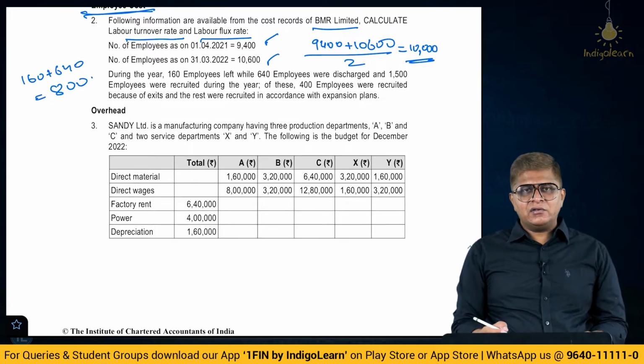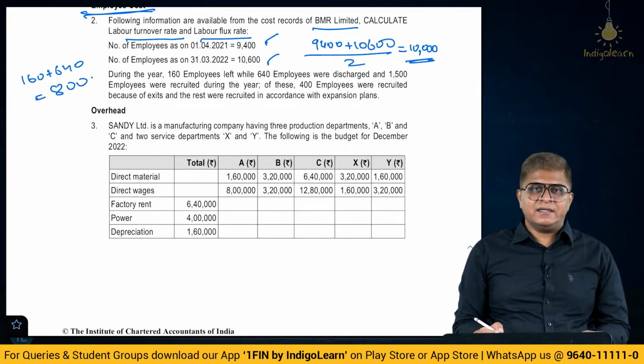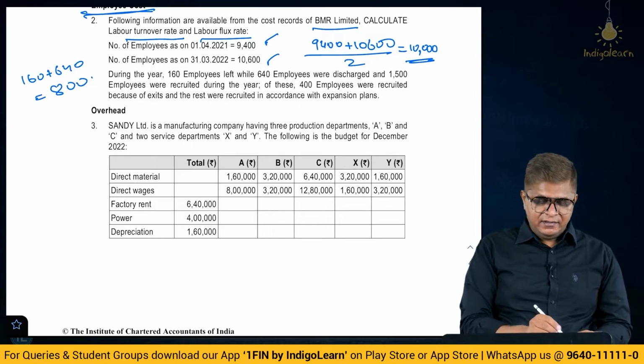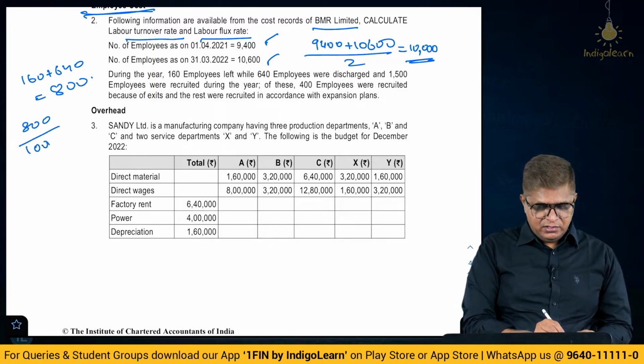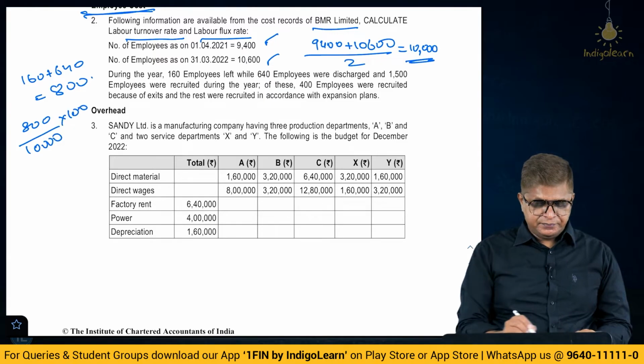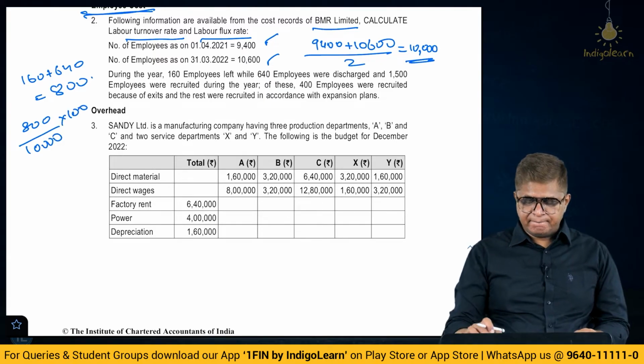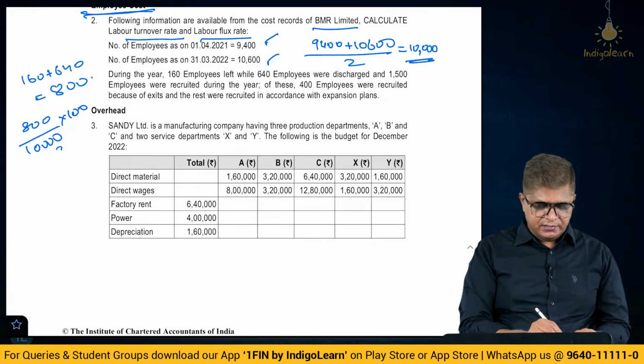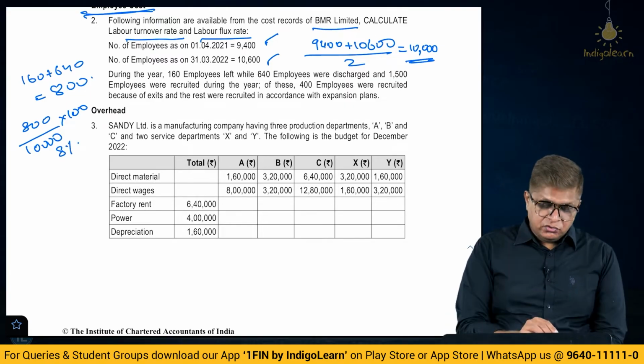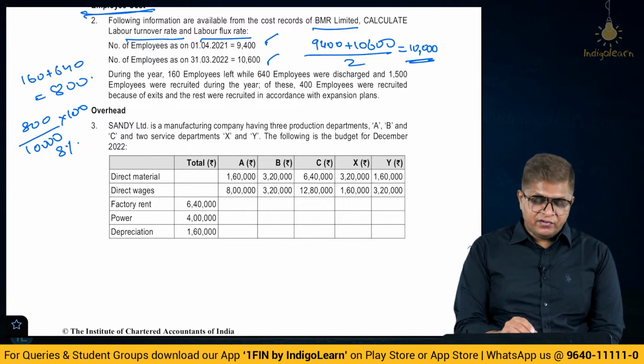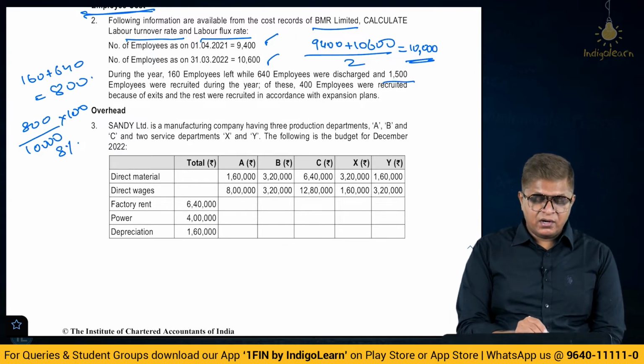And if we were to calculate the labor turnover separation rate, so that will be 800 divided by 10,000 into 100. That is 8%.